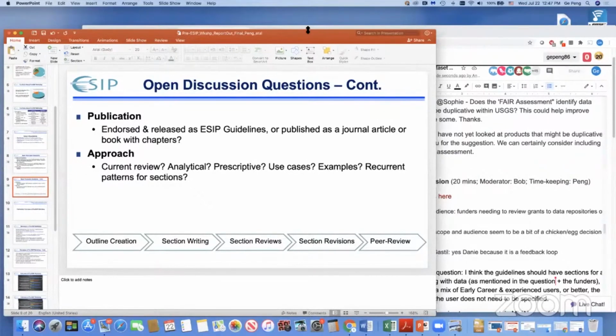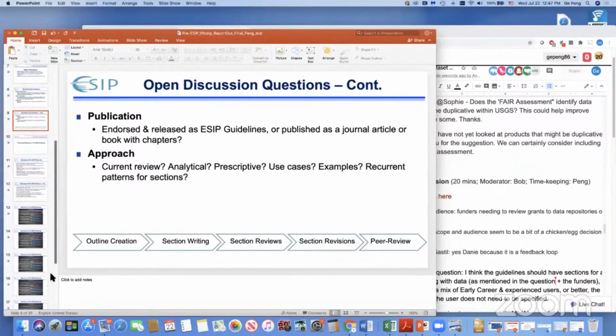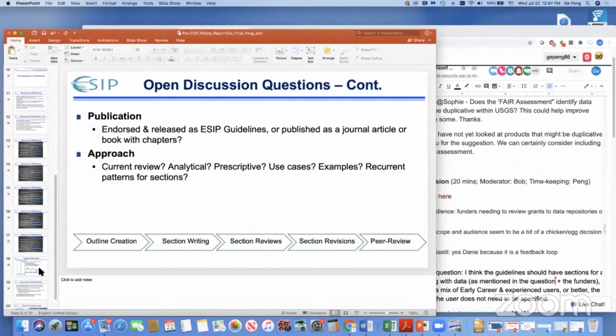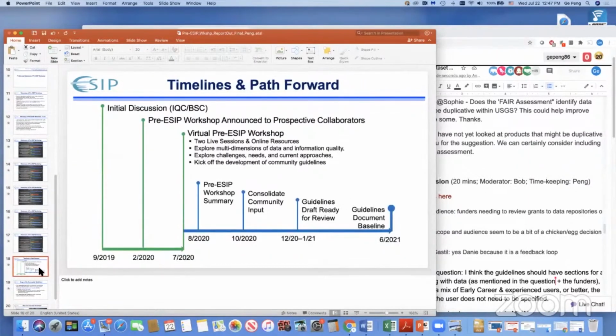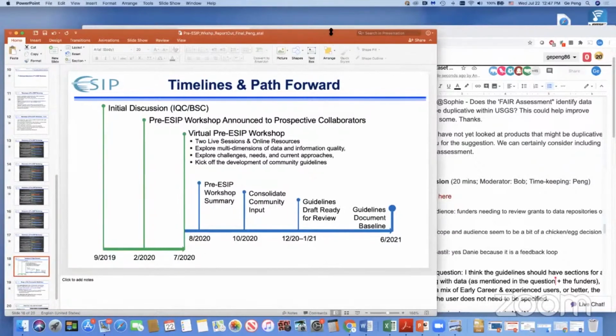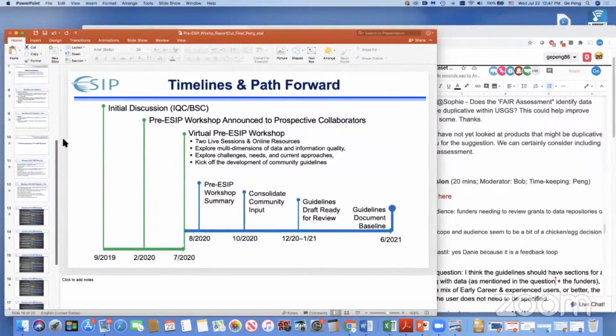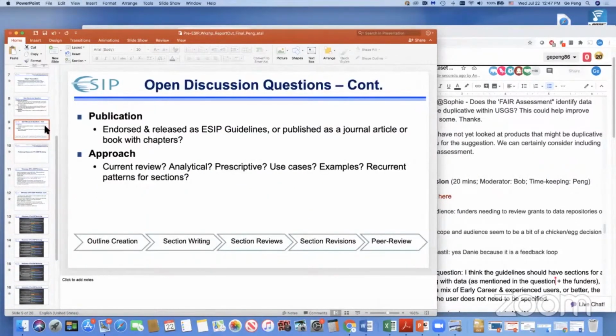I'll make it quick. I just want to say, coming off Danny's comment and Gastel's comment about different roles and use cases, and just thinking about the questions that you have, and also, Payne, based on my influence of your data stewardship maturity matrix, in terms of the approach, I definitely would welcome an ESIP guideline kind of approach, with explanations of how to apply things or how to use things, and basically making sure this is an actionable document instead of more of a reference or more of a text.